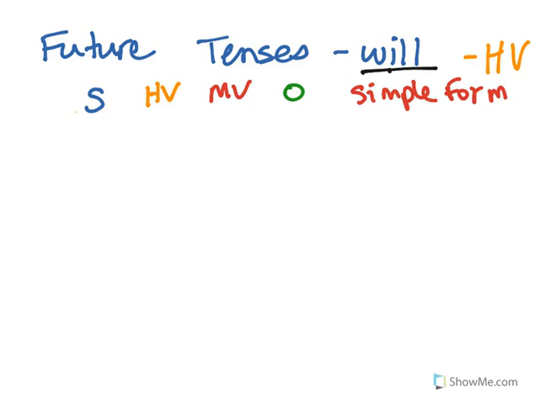So let's do an example. Affirmative sentences look a lot like our other verb tenses. We start with the subject and the helping verb, the main verb, and then the object.